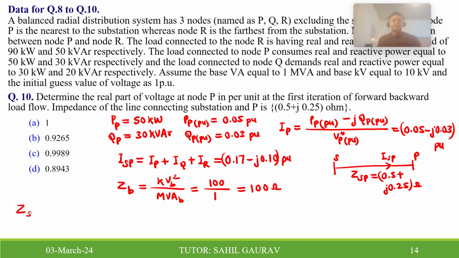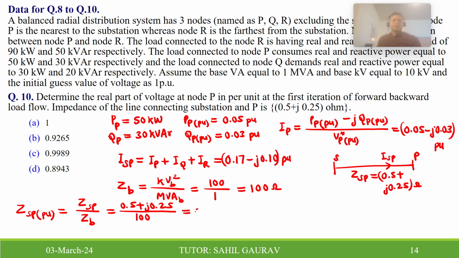Therefore we can write the impedance value connected between substation node and P node in per unit as ZSP upon ZB. ZSP is 0.5 plus J 0.25 upon Z base, which is 100.